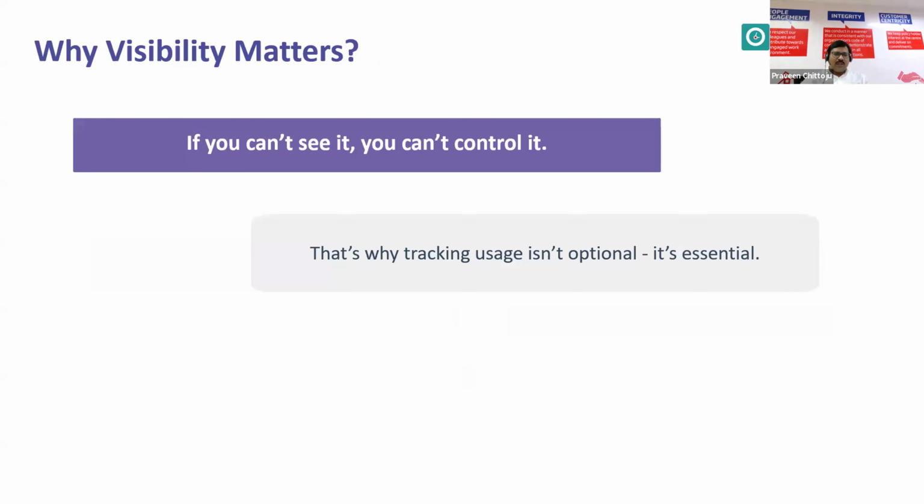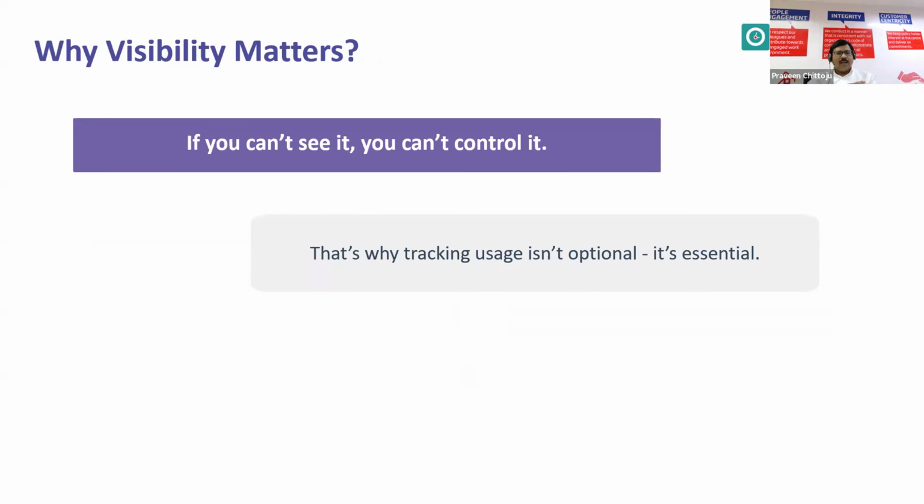So why does visibility matter? If you can't see it, you can't control it. The things which we see with our eyes, we can find very clearly and we can control. If the visibility is not there, how will you track? That's a real question.